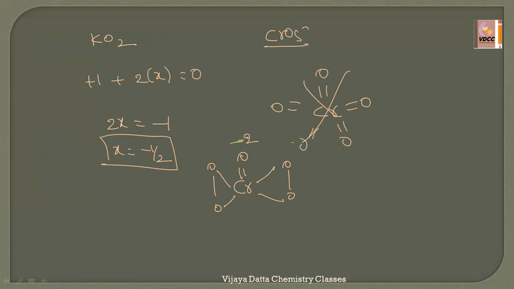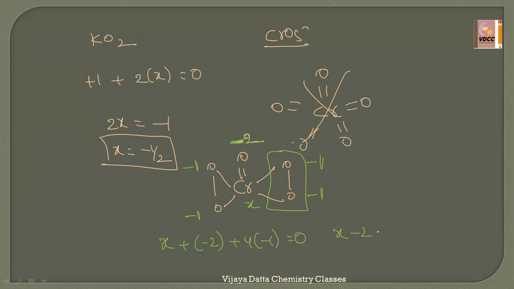Here it is showing a minus 2 oxidation state. Whereas here, they are in peroxide linkage, so each oxygen shows minus 1, minus 1. Here also it is minus 1 and minus 1. Chromium we don't know, so we take x. Now calculate: x plus 1 oxygen in minus 2, and the remaining 4 oxygens in minus 1 linkage.